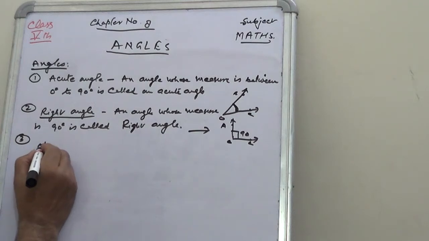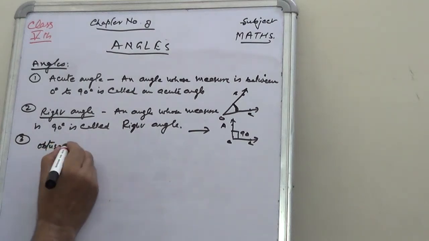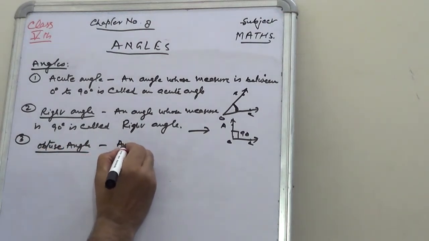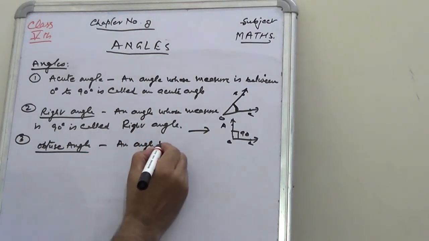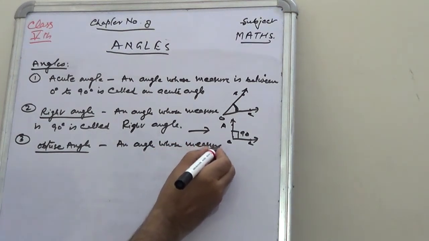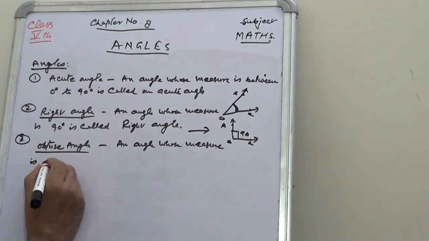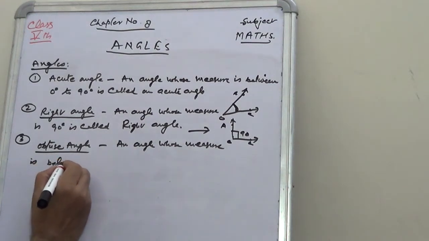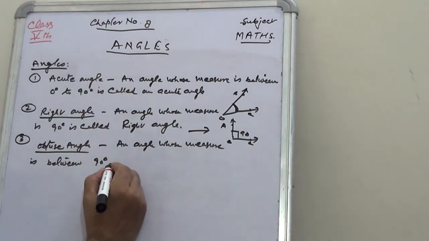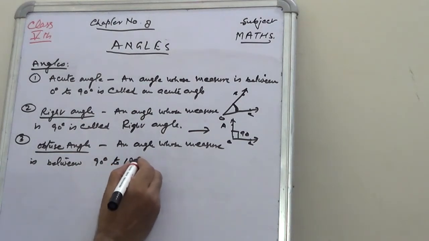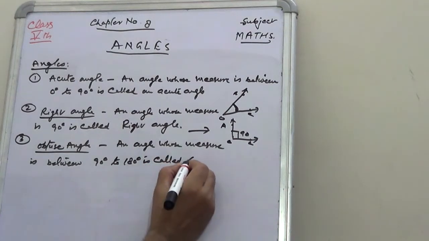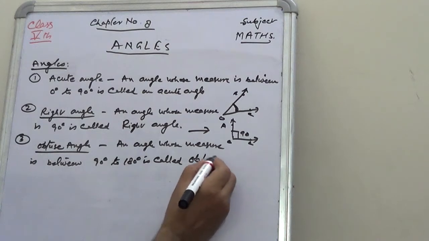Now, the third type of angle is the obtuse angle. An angle whose measure is between 90 degree to 180 degree is called an obtuse angle.